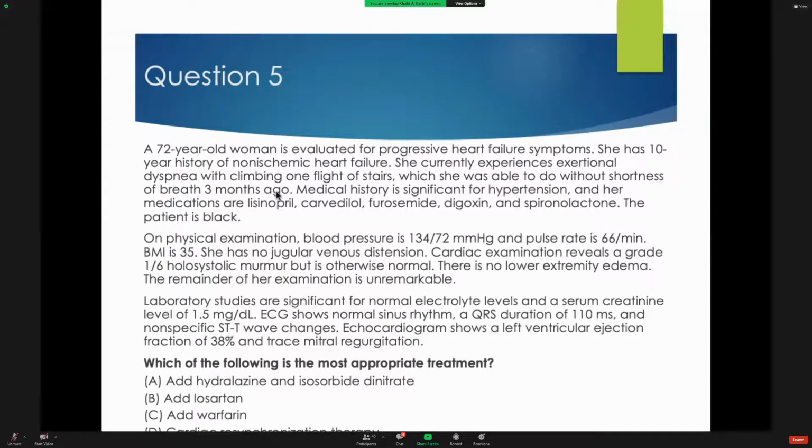72, progressive heart failure. You will see lisinopril, so you exclude losartan directly when you are reading the question. Okay, losartan is out, digoxin, spironolactone. You see here ECG sinus rhythm, so warfarin is out.